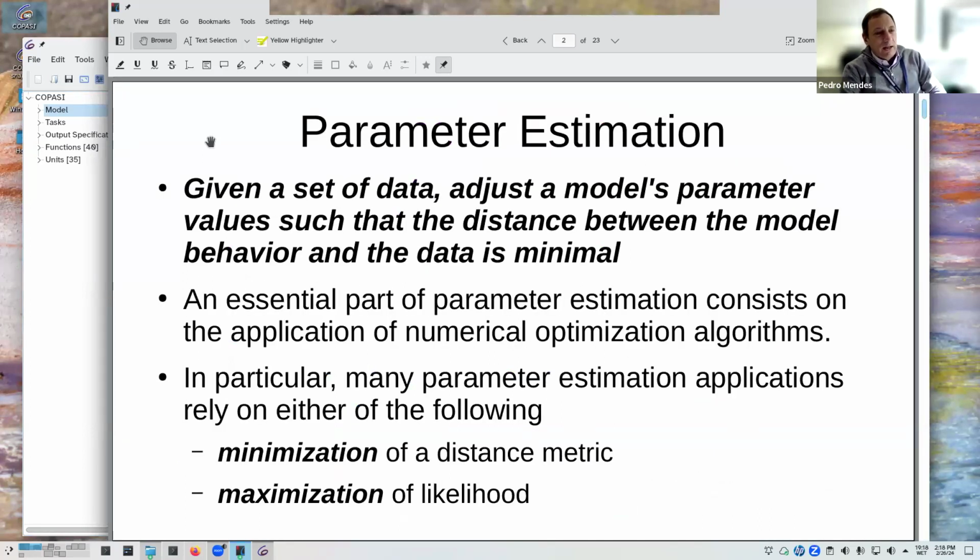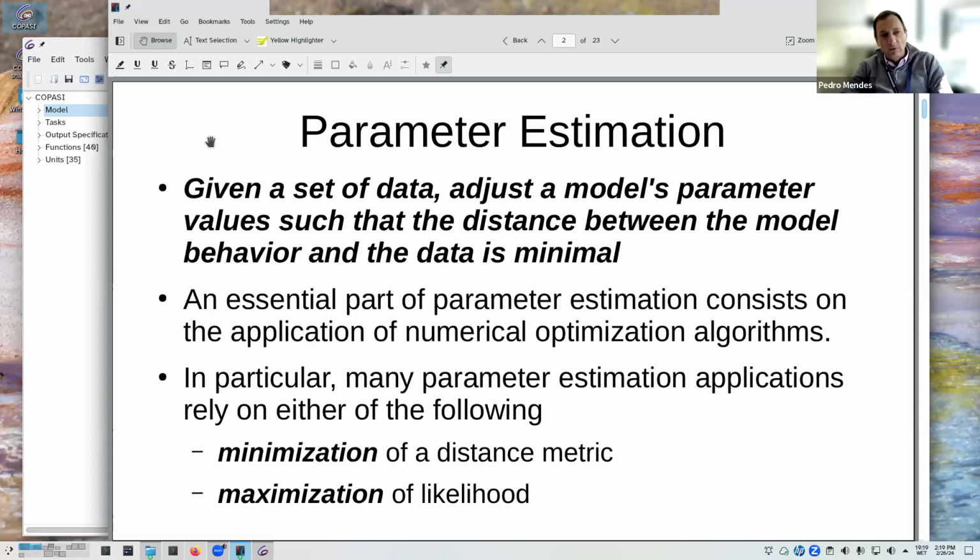So first of all, let's formalize parameter estimation a little bit. Let's describe the problem formally. Essentially, given a set of data, we want to adjust the parameters of a model to minimize the distance between the model and the data set.